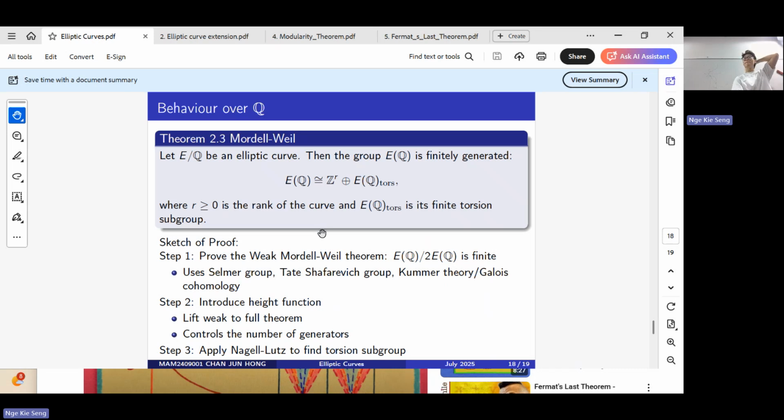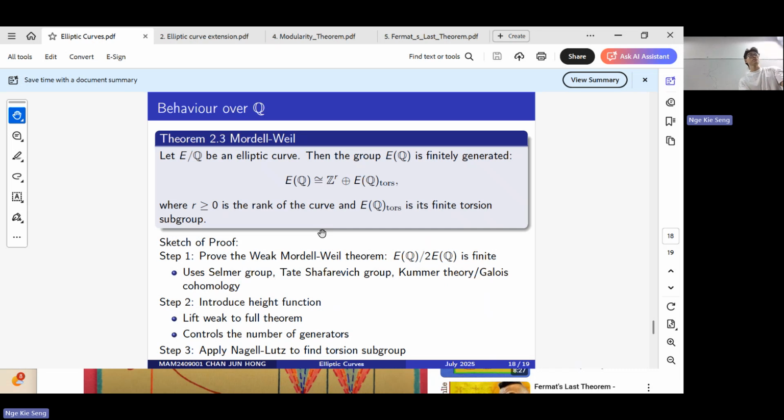You may have one set of generators that does not equal another set of generators, but both can generate the same thing. The thing that is consistent is that we can find at most r infinite generators in the elliptic curve. So that's why it's defined like this.